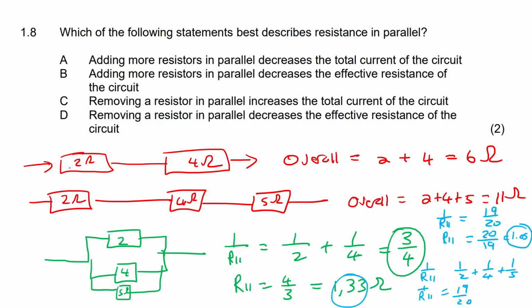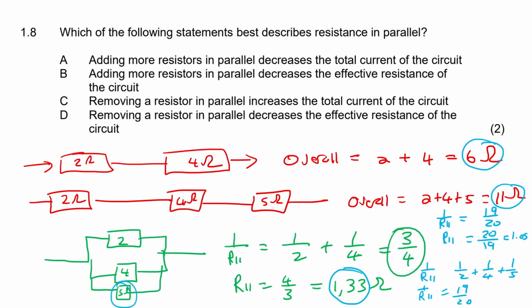So can you see that when you are in series, when you add more, what happens to the overall resistance? It goes up. But when you are in parallel, when you add more, the total resistance actually goes down. Check this. It was 1.33 when we only had 2 resistors. Then we added a 3rd resistor, and all of a sudden it's gone down to 1.05.